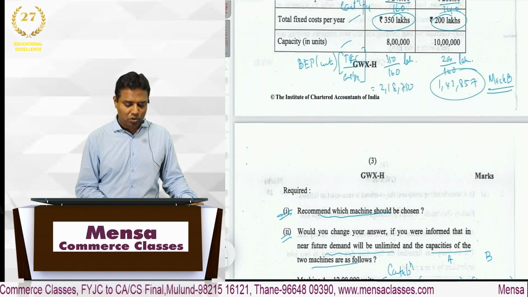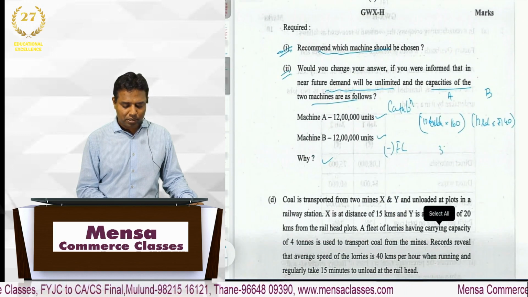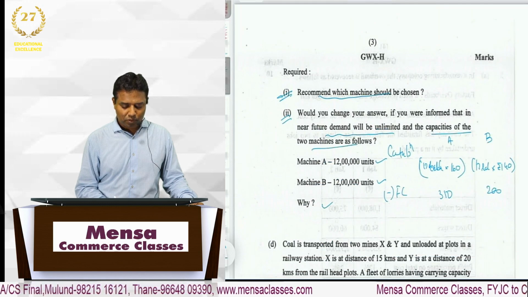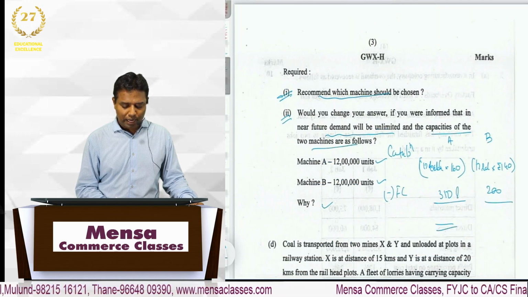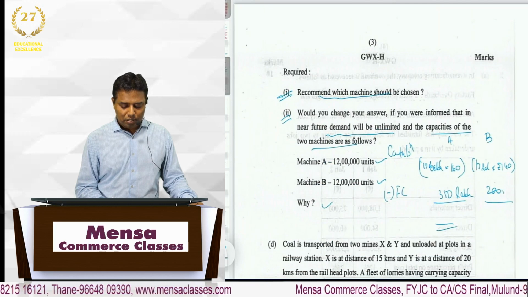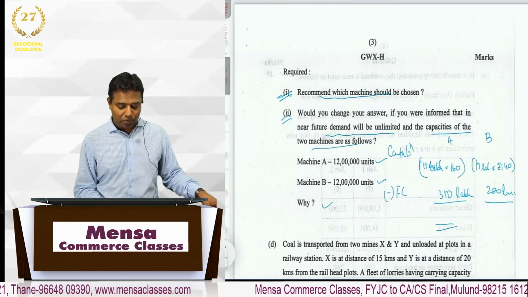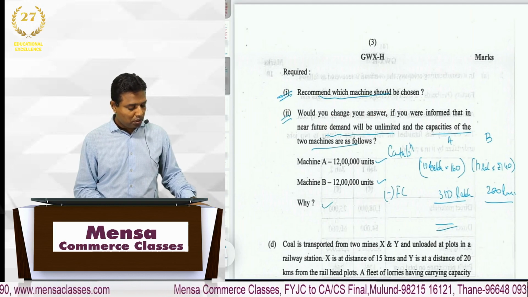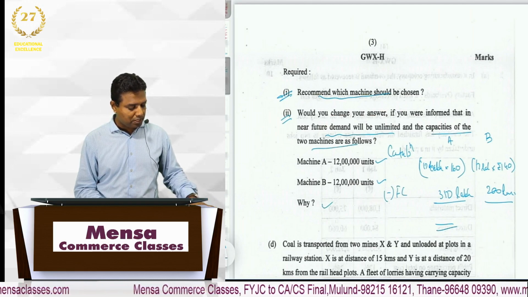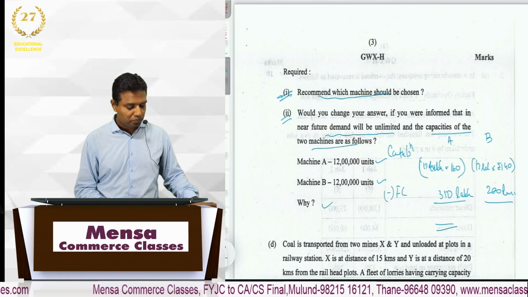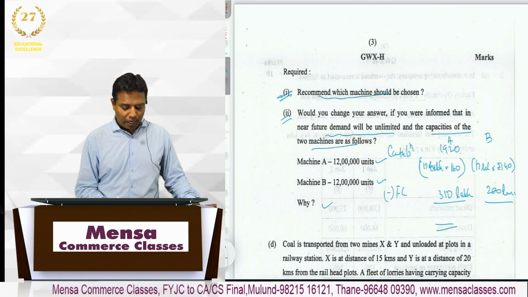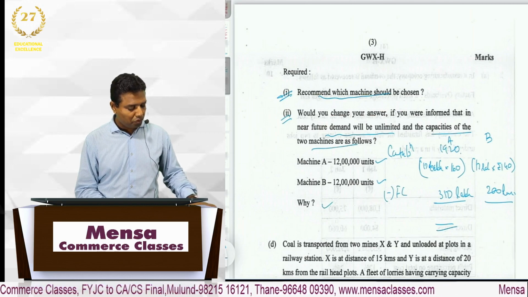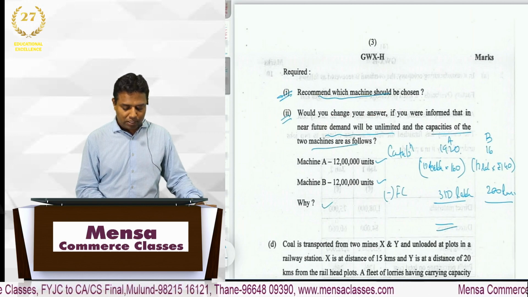How much is the fixed cost? In one place it is 350 lakhs, in another place it is 200 lakhs, this is in lakhs. So we multiply: 12 lakhs into 160 will give you 1920, and 12 lakhs into 140 rupees contribution per unit gives 1680.